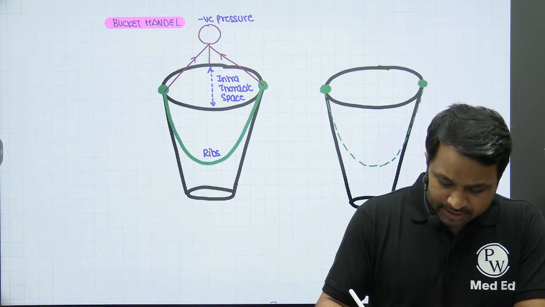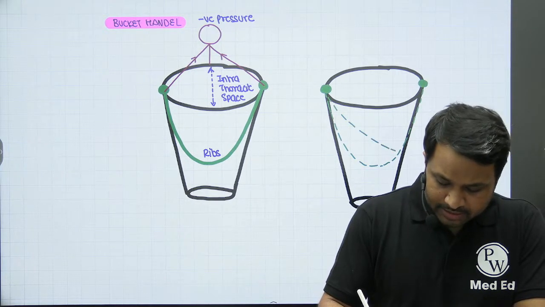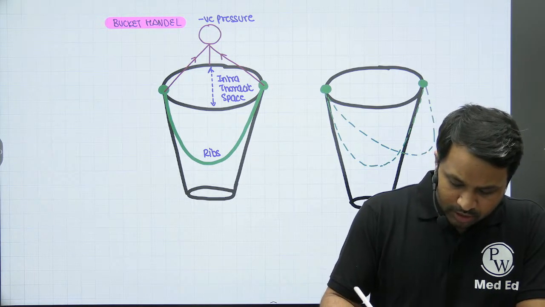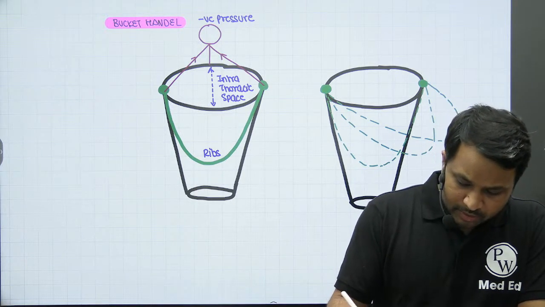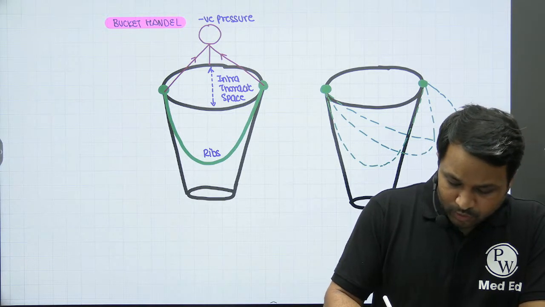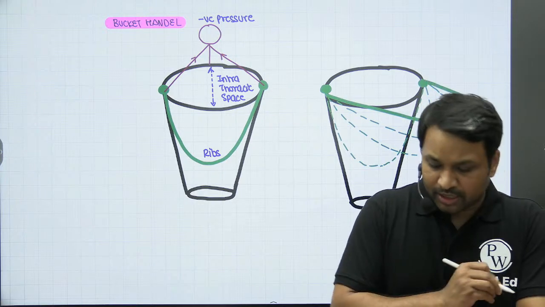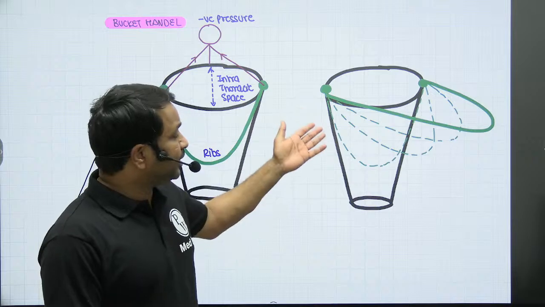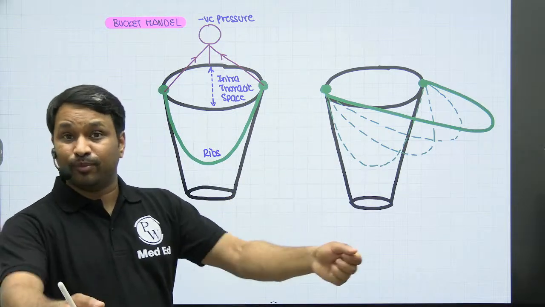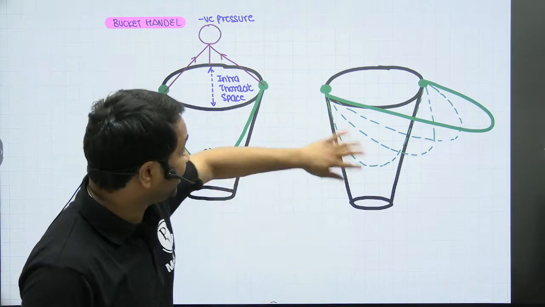You started exerting pressure, and the handle has now started to move. As you exert more pressure, the handle will continue to move to its maximum extent. If you have more power, you can get the handle to the other end also.